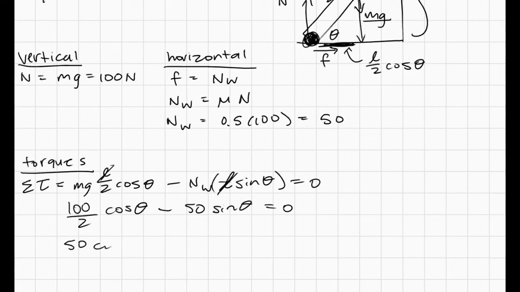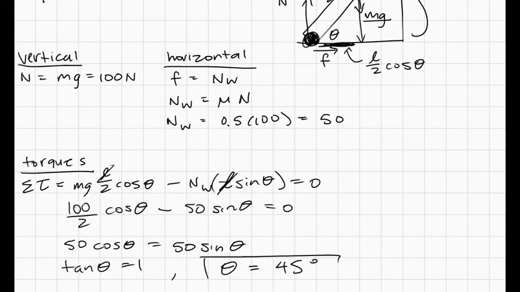So we have 50 cosine theta equals 50 sine theta. So tan theta equals 1, which means that theta equals 45 degrees. And that's all there is to this problem. Pretty simple after you figure out all the torque stuff from the diagram.